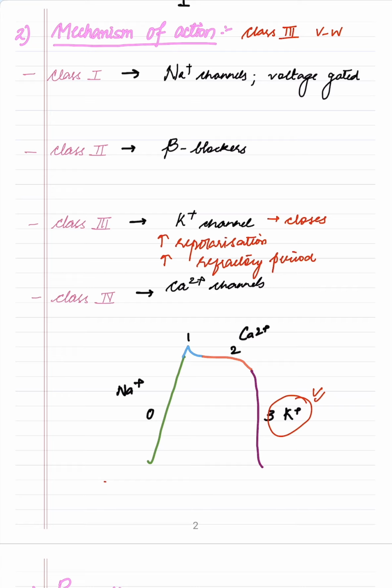It also has other mechanisms of action, that is, it acts on the sodium channels, the voltage gated sodium channels, more so in their inactive state, therefore decreasing the velocity of this phase 0 upstroke.